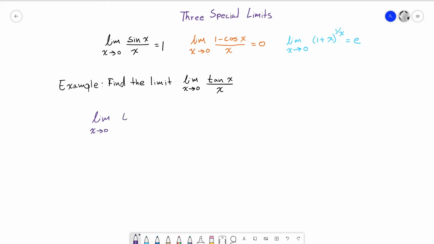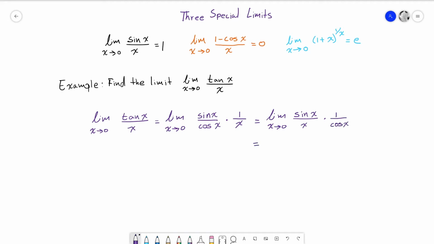A good rule of thumb when you're dealing with trig functions is that anytime you're dealing with something other than sine and cosine, try to rewrite it in terms of sine or cosine. So tangent of x is sine of x divided by cosine of x. Let's not forget the 1 over x that we have. Let's regroup our expression so that we have sine of x over x times 1 over cosine of x.